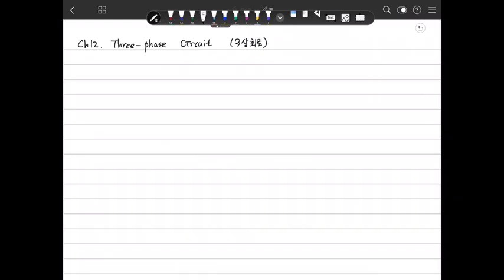The base is translated in Korean as 상. In general, we have one source like that. This is, for example, 200 cosine 2 pi 6t. This is 60 hertz.